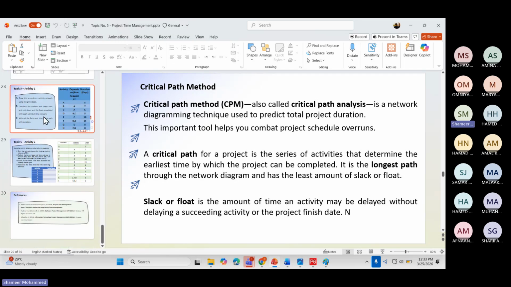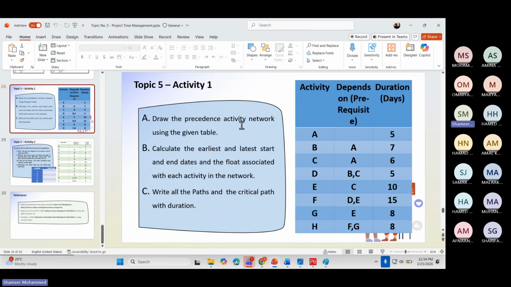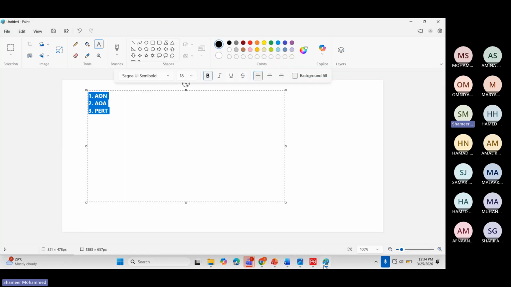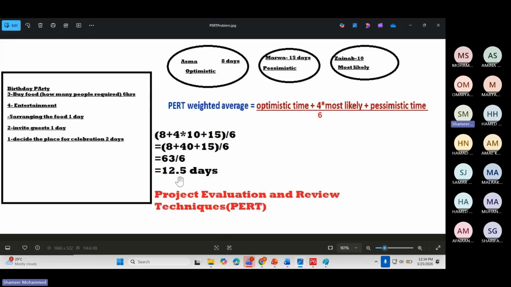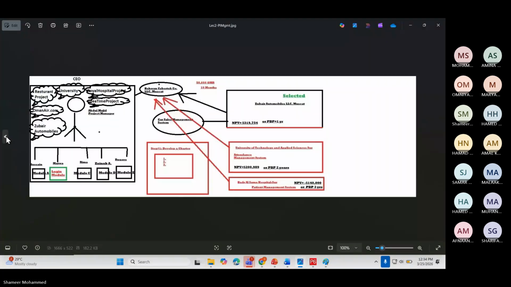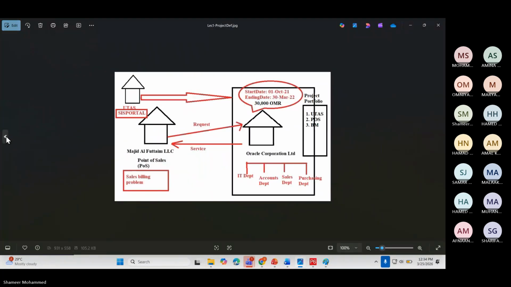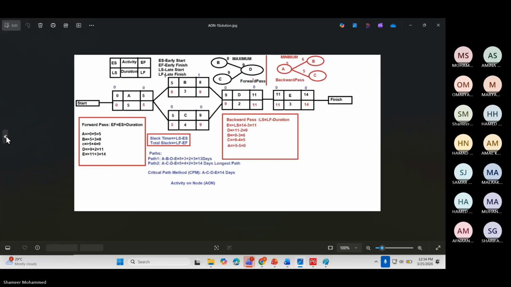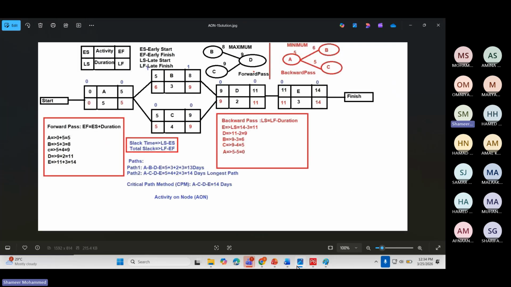And these are the different exercises you have. You can do the precedence diagramming method. So the same technique I have given you here, not this one, this one, same like that.